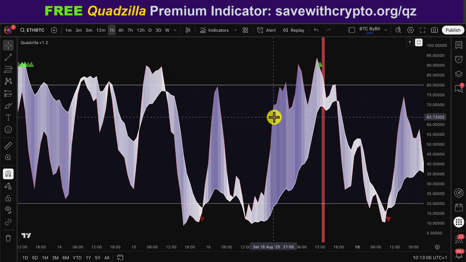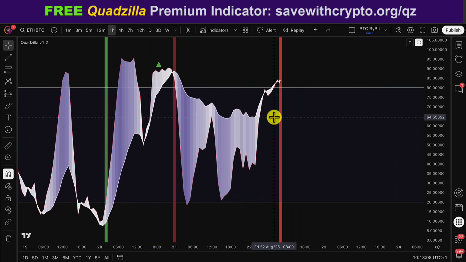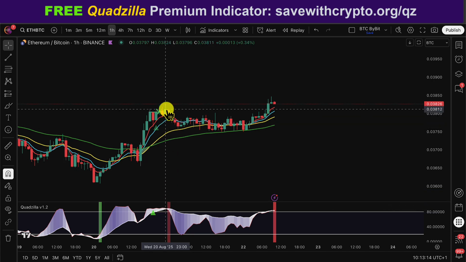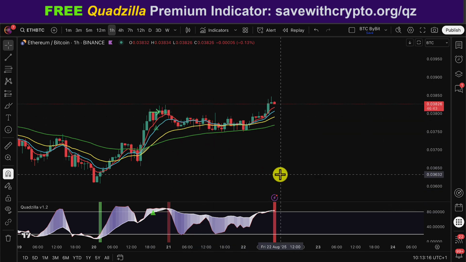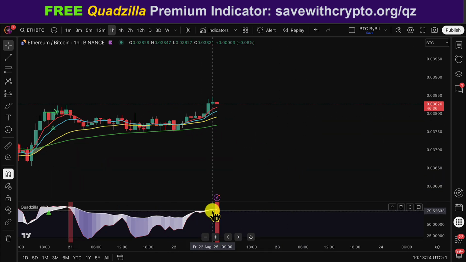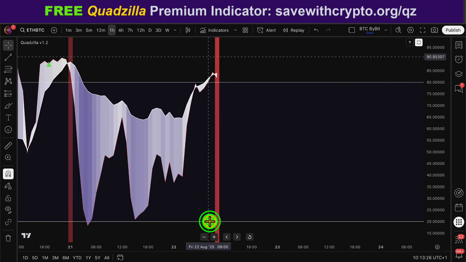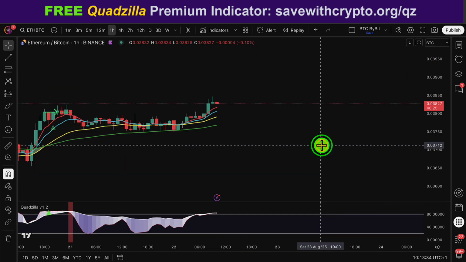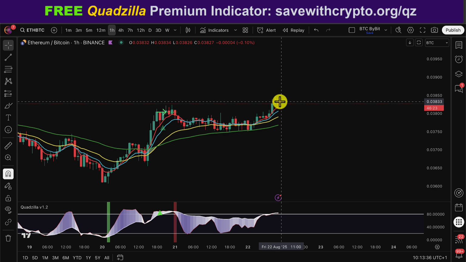Now, that doesn't happen that often. If you look along here, it happened here as well. And what do we have there? We had a top, okay? And what have we got at the moment? Well, now we've just started to get a little bit of space, and lo and behold, we just had a red background, then it just flashed off. So it looks like the Ethereum Bitcoin chart might be reaching a top there.